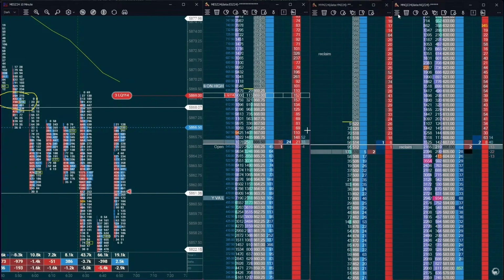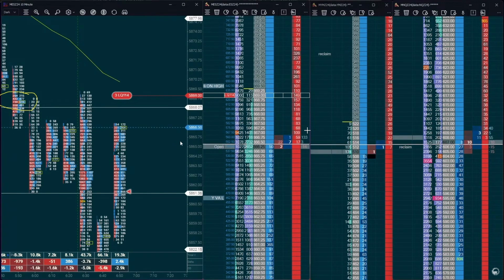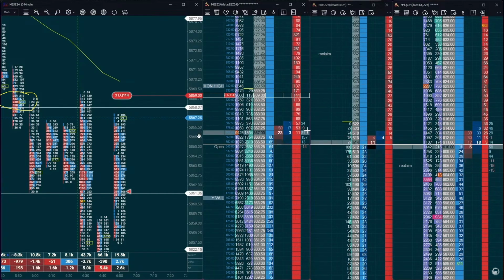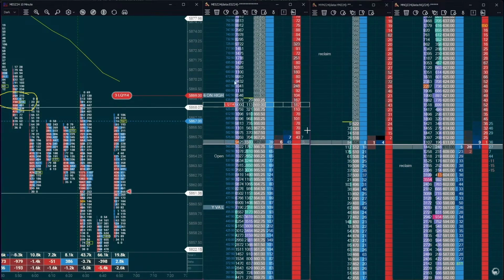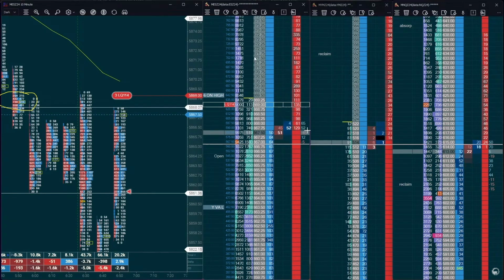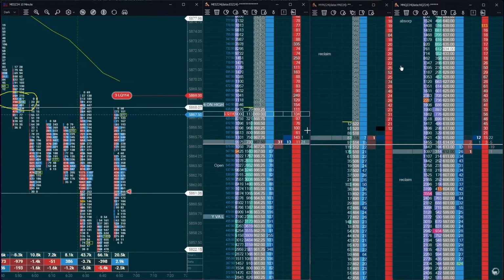And this is another component of what the DOM gives me. My expectations can be recalibrated based on the instant information and the engagement happening within these participants in real time. I'm getting information in the now, before we get to levels of resistance, that I can use to recalibrate my expectations and trade management in general.